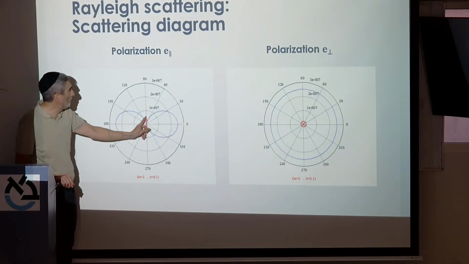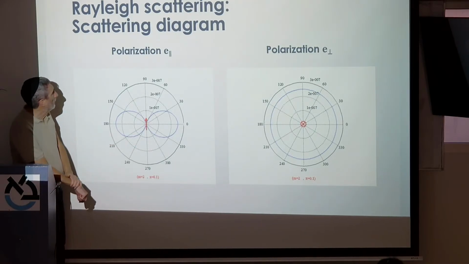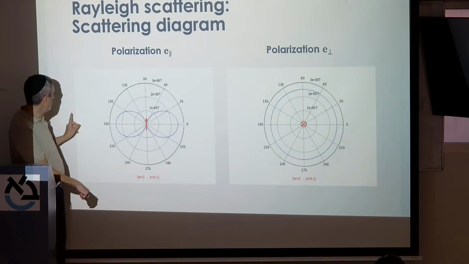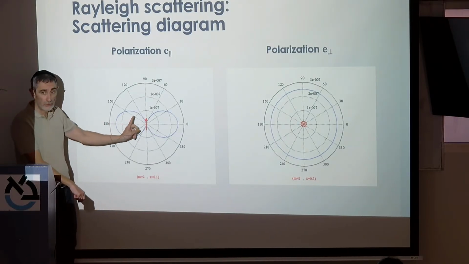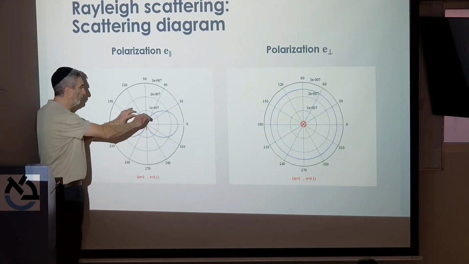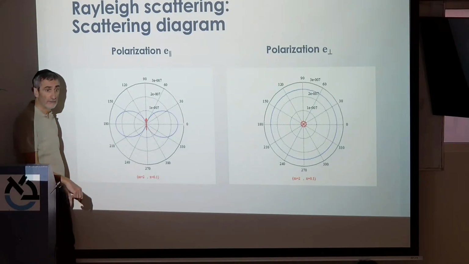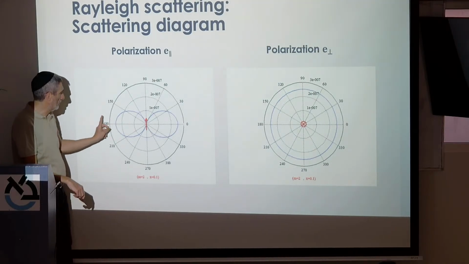So this is the direction of the polarization. If I'm coming here with the polarization parallel to the dipole, the dipole will re-emit with these two lobes. That's the cosine theta. So that's the emission when you come from that direction.